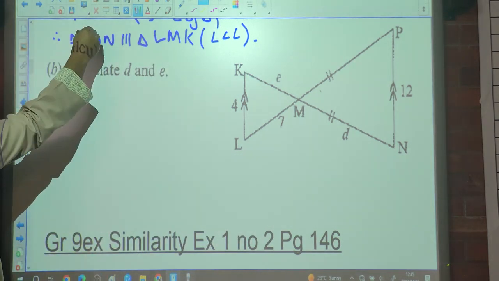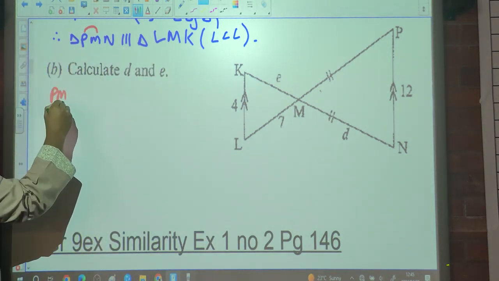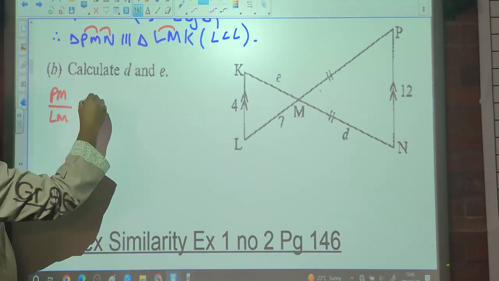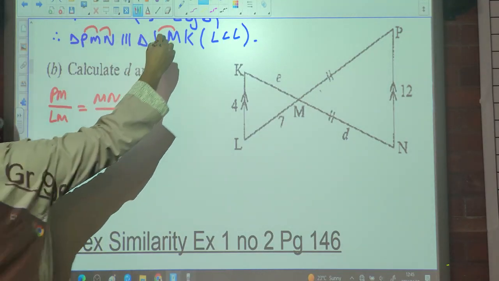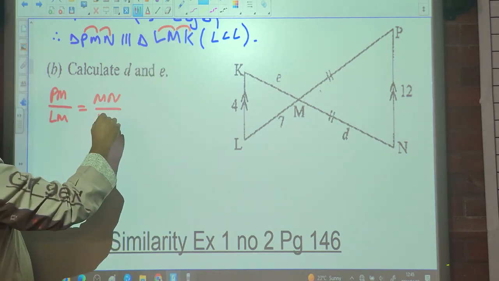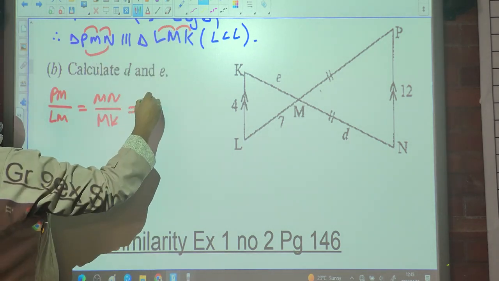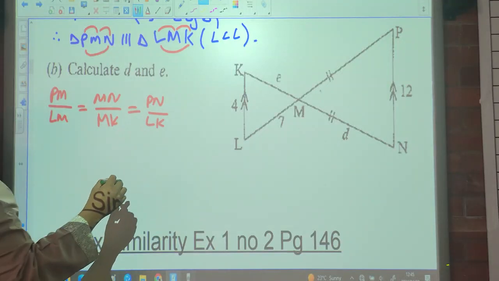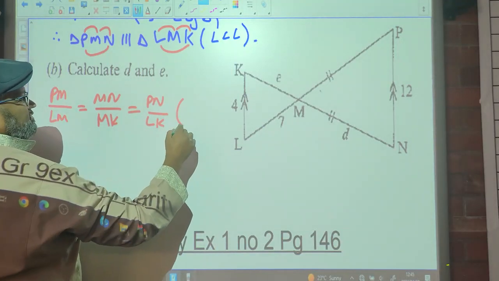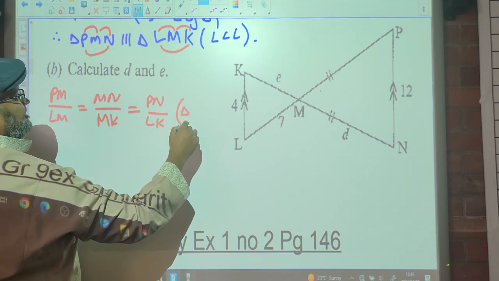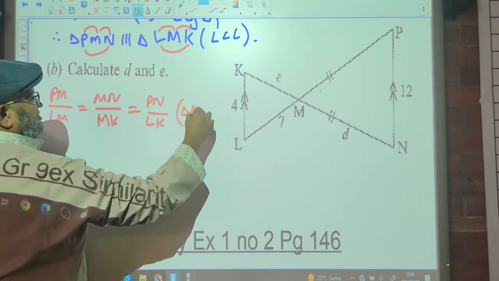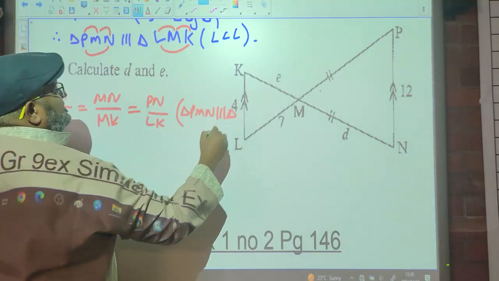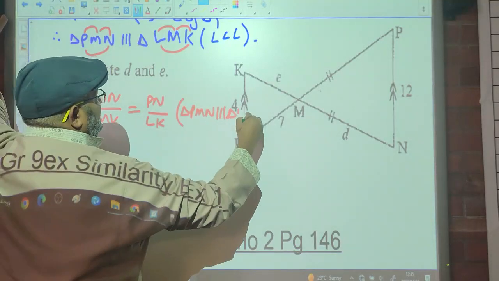Start off by saying PM over LM is equal to MN over MK, equal to PN over LK. Why? Because triangle PMN is similar to triangle LMK.